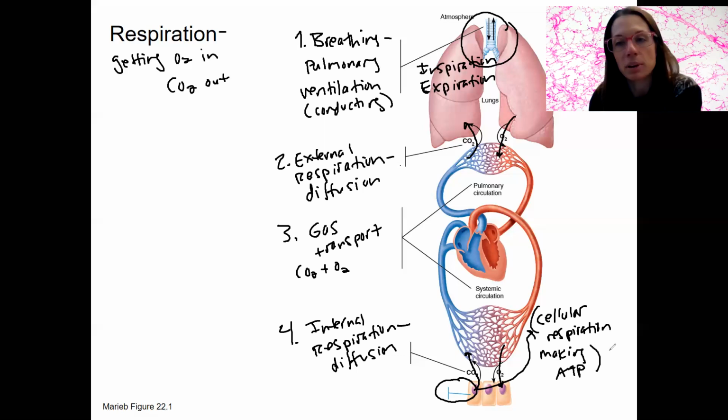That is not a topic of this chapter that we'll talk about, but you need to keep in mind that it's happening, because that's why we're producing carbon dioxide all the time and needing fresh oxygen to be delivered. And it has the word respiration in it, but it's cellular respiration, which is outside of what this chapter is focused on.